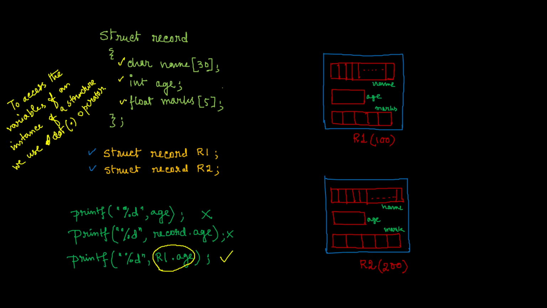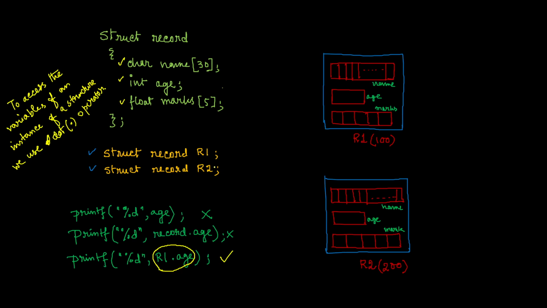If I want to store, for example, their contact number, I need a long int variable, and many more. So with respect to that, the memory location that a particular instance of the structure will occupy will be defined.